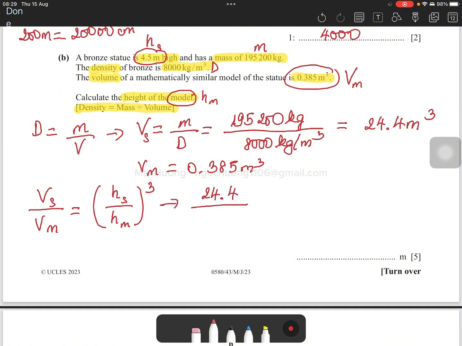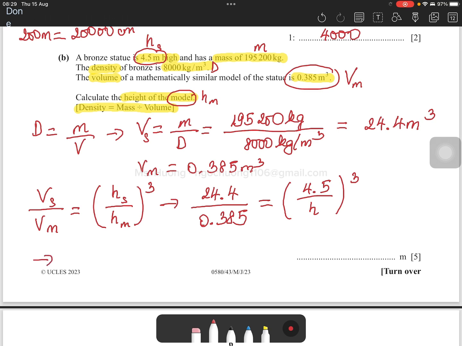The volume of the model is 0.385. And the height of the statue is 4.5 meters. And the height of the model is what we want to find, the cube of this. So now we need to find the value of h.